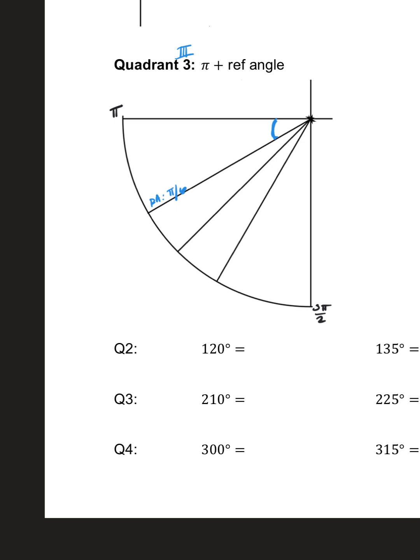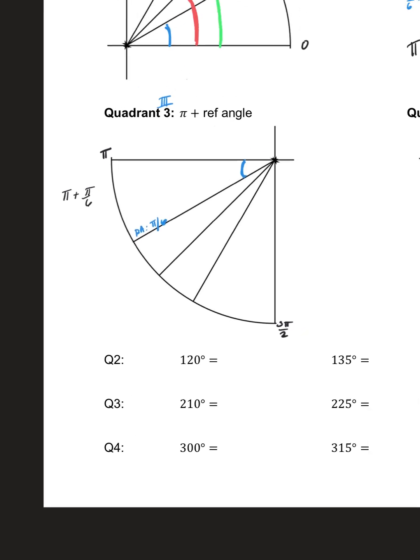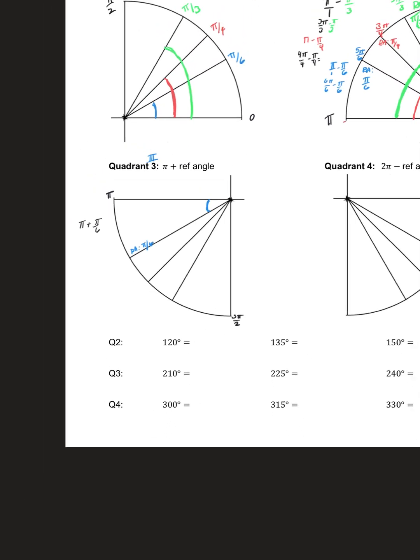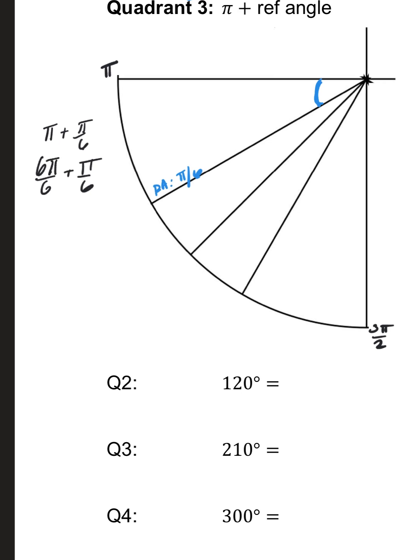One thing nice about already having this done is that it's the same as this over here, but instead of subtracting, we will add. So I have 6 pi over 6 plus pi over 6, which gives me 7 pi over 6. So here I'm going to have my angle as 7 pi over 6.